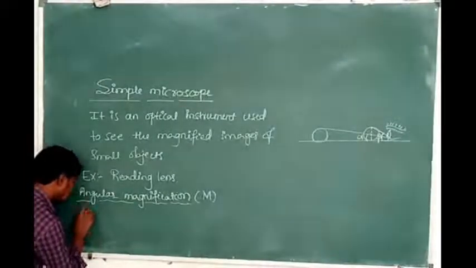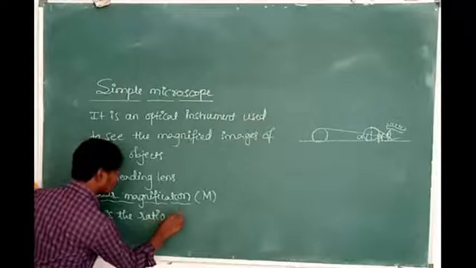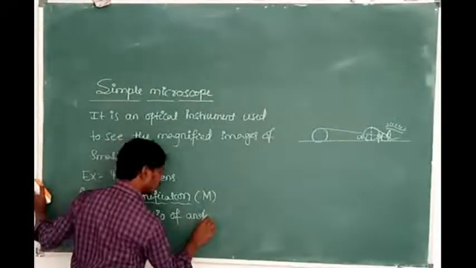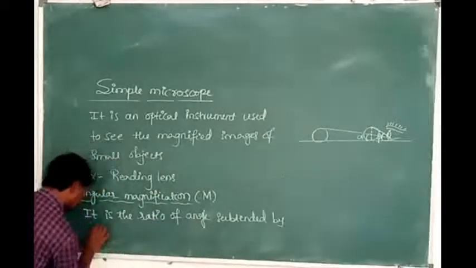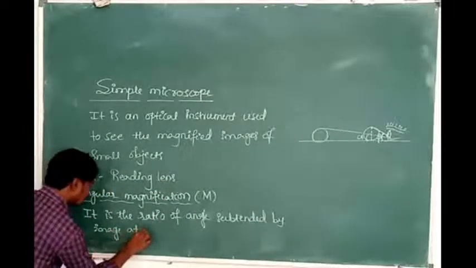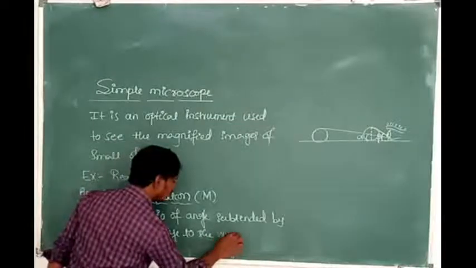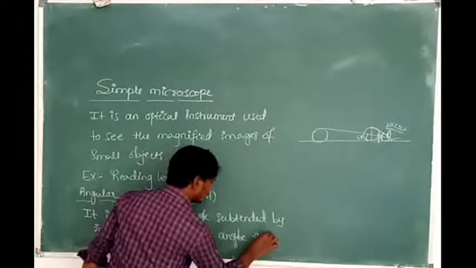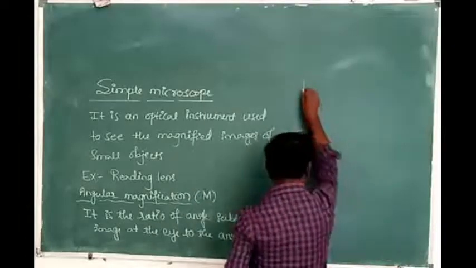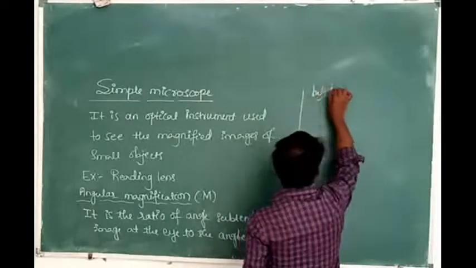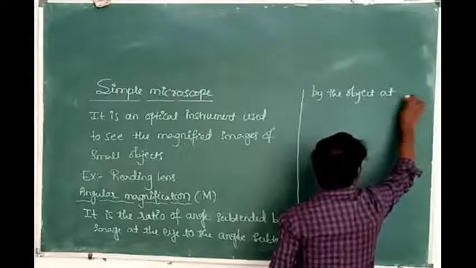Angular magnification is the ratio of the angle subtended by the image at the eye to the angle subtended by the object at the eye.